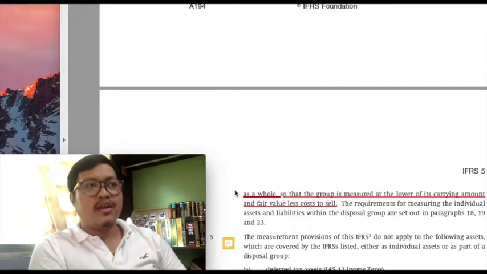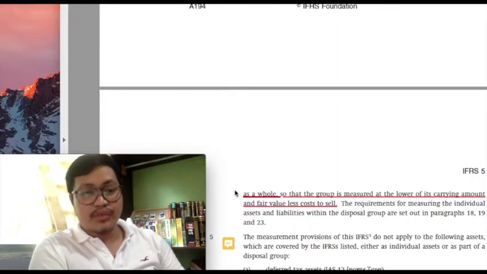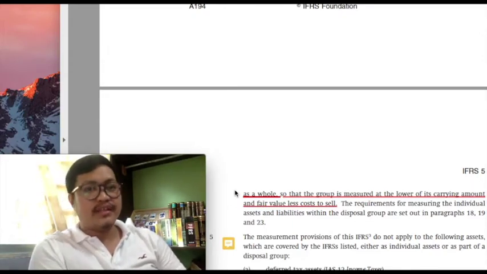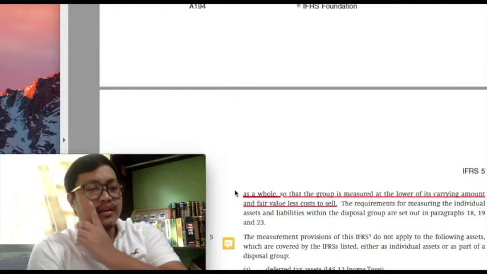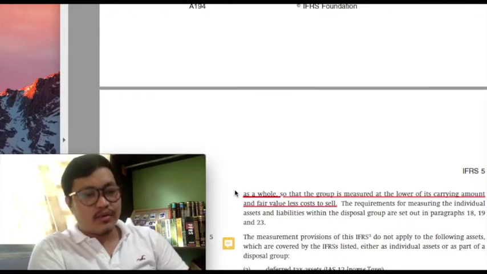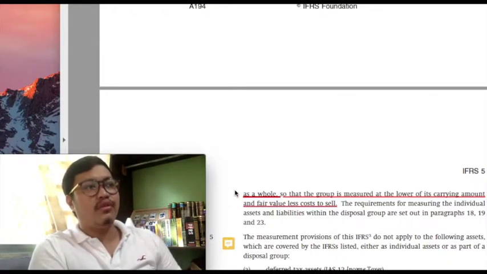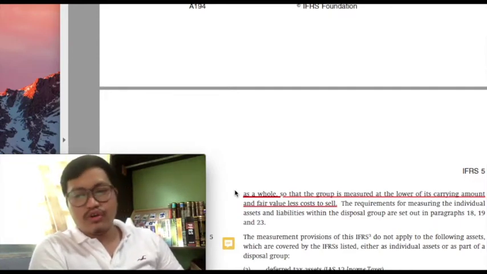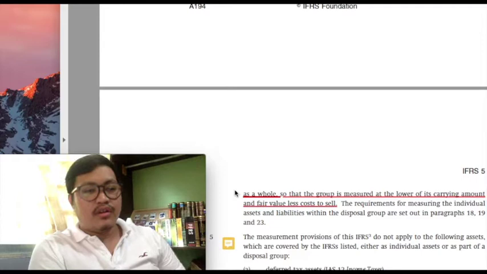We have a building, which is supposedly a non-current asset. However, we have decided that we will no longer use this in the operations of the business. We will no longer use this whether for administrative purposes, for production, or for supply of goods or services.